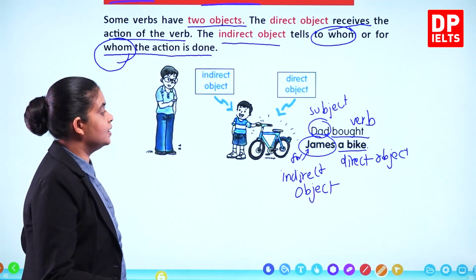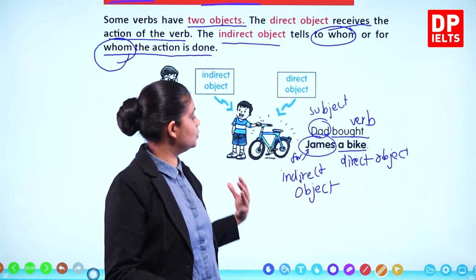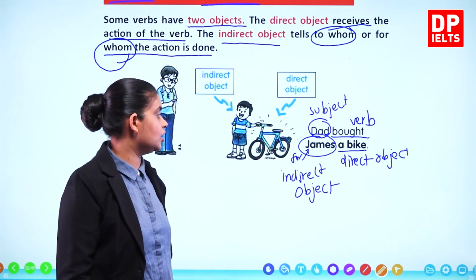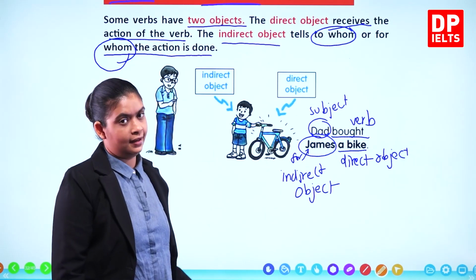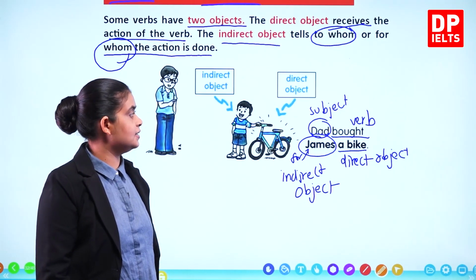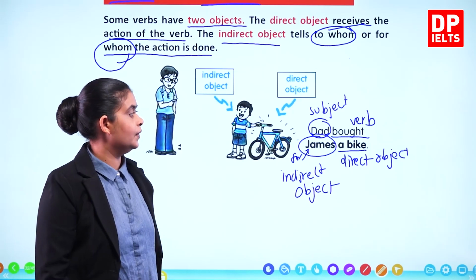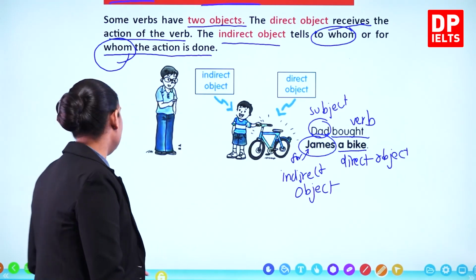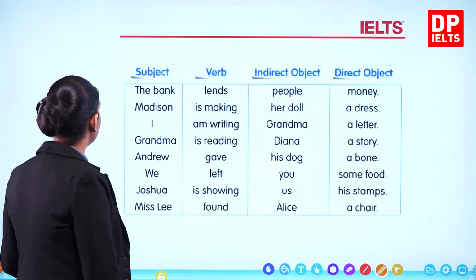To James. Because it answers those questions, we say James is the indirect object and a bike is the direct object. Since dad does the action, dad is the subject. Since the action is bought, bought is the verb, or the action.